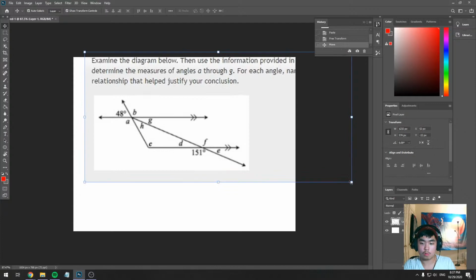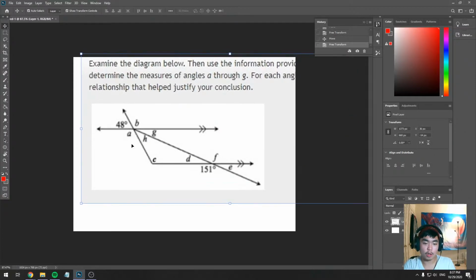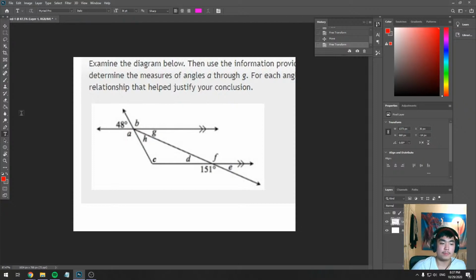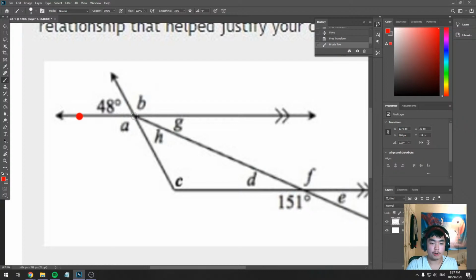And we want to do the same thing as before, right? We want to start with A, work our way through the alphabet, and find our numbers. Alright, so starting with A, right? What can we say about A? What do we notice? This angle right here.